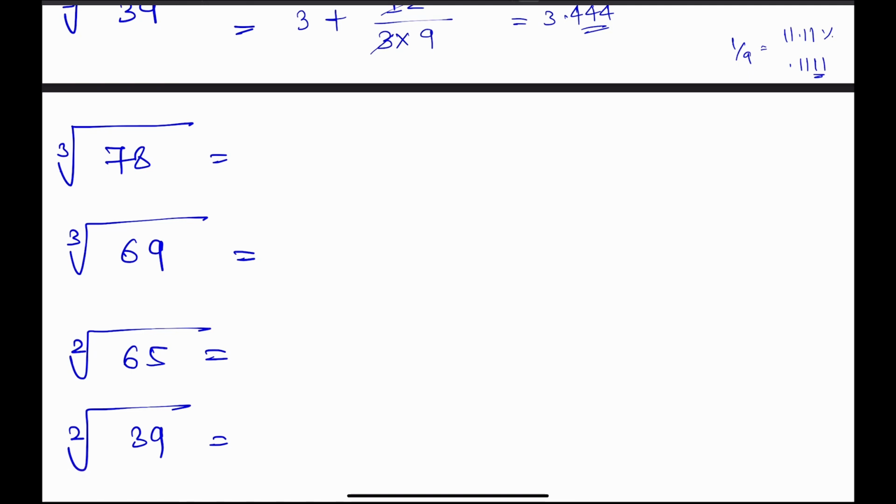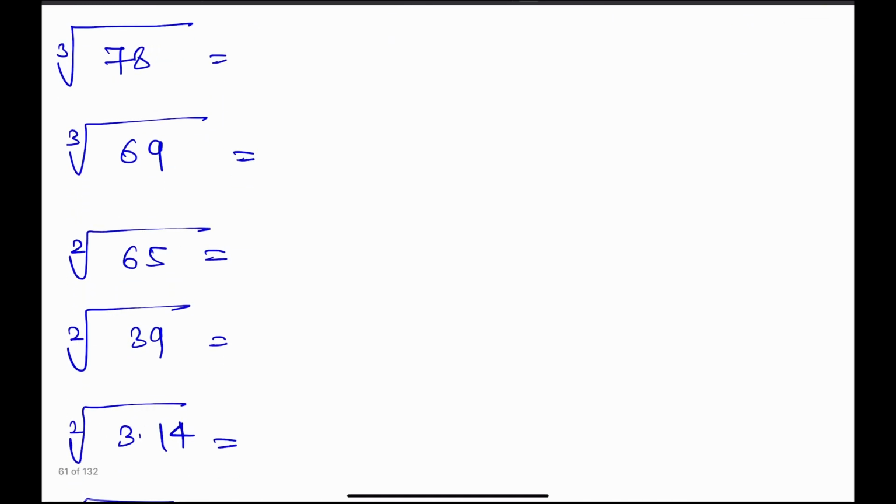78 is again 4, 16, 64, so it is near to 4. 4 cube is 64, plus 6 is 70, and then plus 8 is 78. So 6 plus 8 is 14. 14 upon 3 into 16. It is 7 upon 8.